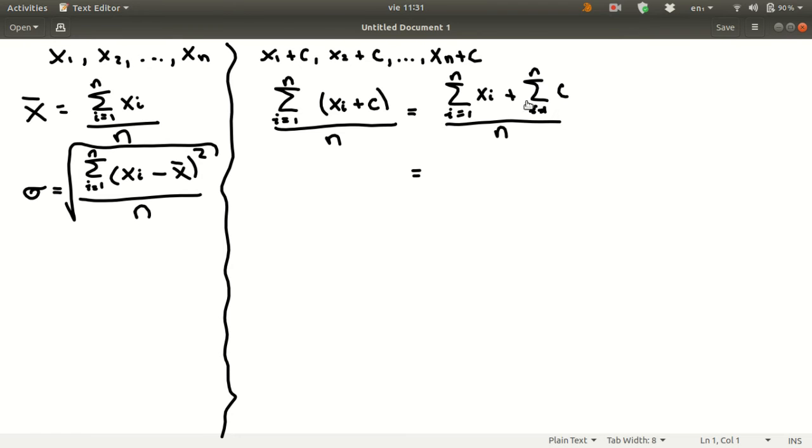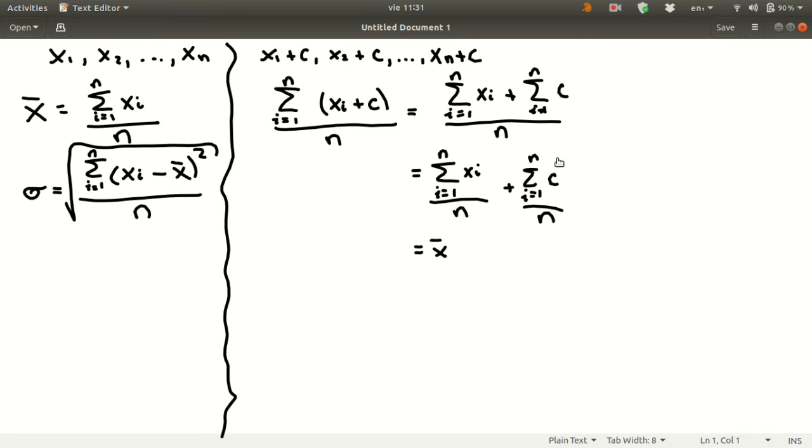Alright, and this is a fraction. Well, okay, so using some of the properties of fractions, we can split this sum like this. Alright, now the first term here is the original mean.